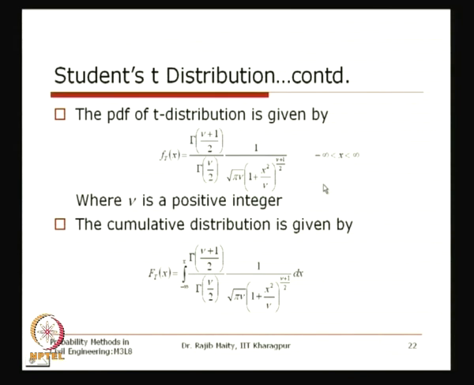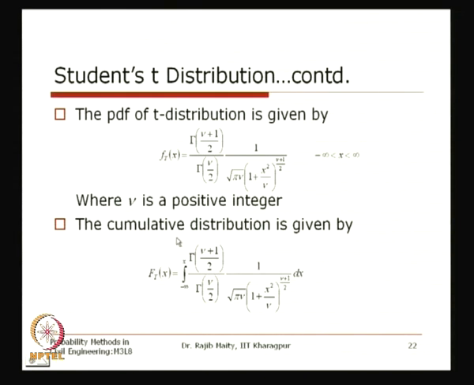Its support is minus infinity to plus infinity, so there is no bound on the support. This random variable can take values over the entire real axis. Here nu is a positive integer, which is the degrees of freedom for this distribution.